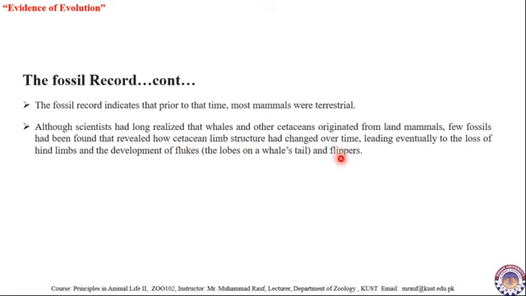So here is another line of evidence that the cetaceans have evolved from a terrestrial mammalian ancestor, and the evidence is that with the passage of time, those terrestrial ancestors started to lose their hind limbs, and the hind limb structure decreased with the passage of time, and eventually the hind limb disappeared, whereas the forelimb developed into flippers and flukes.